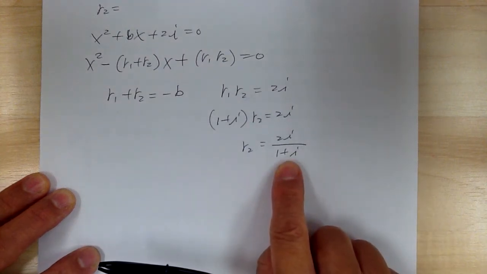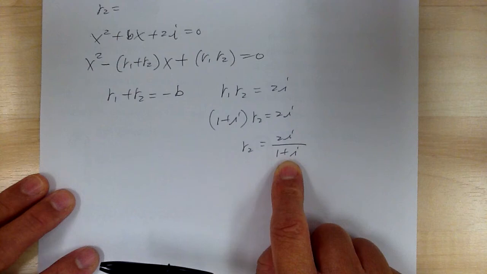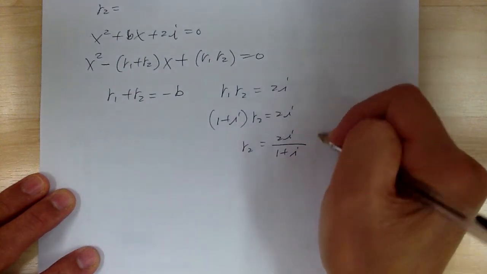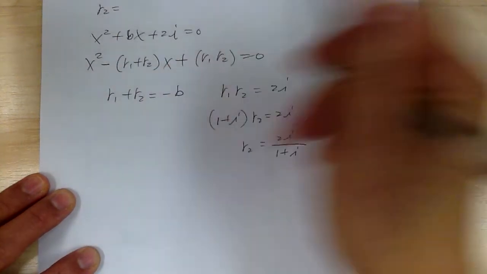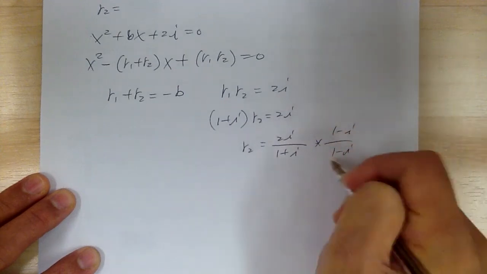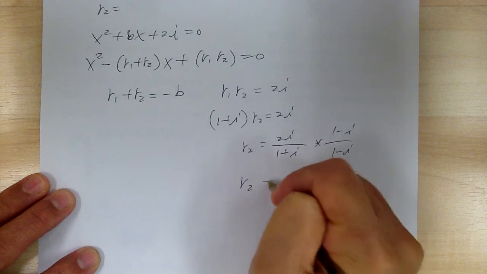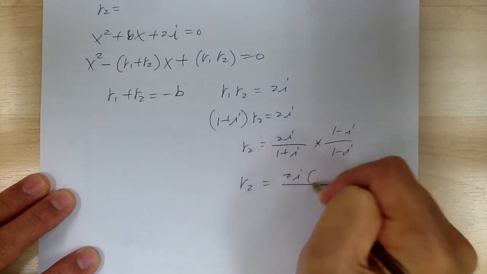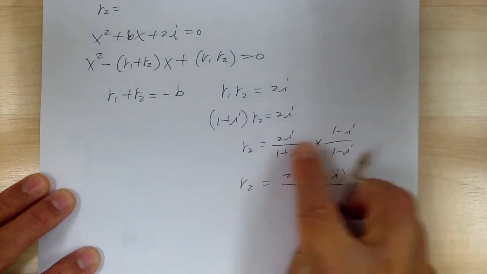If you simplify this, you work it out. So you get 1 minus I, right? You have to use a conjugate, right? So R2 equal to 2I times (1 minus I) over (1 plus I)(1 minus I). Okay, don't multiply out yet.